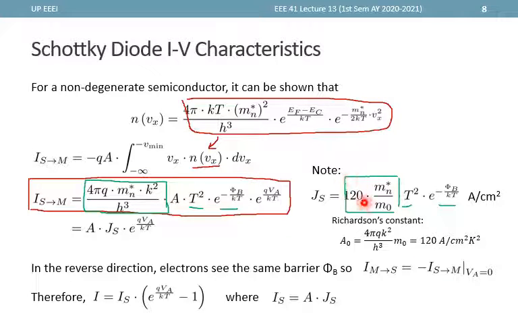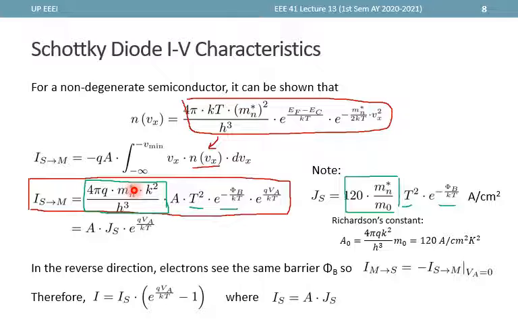Although we have written it in terms of the Richardson's constant, where the Richardson's constant is A naught, 4 pi q k squared m naught over h cubed. However, this one is in terms of mn star.